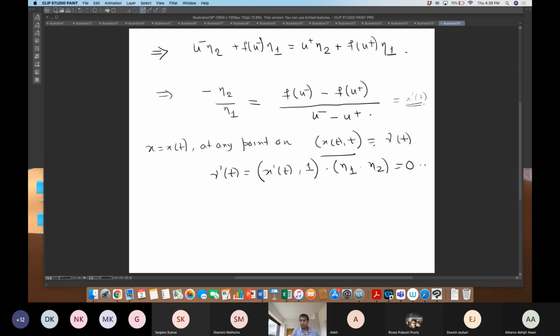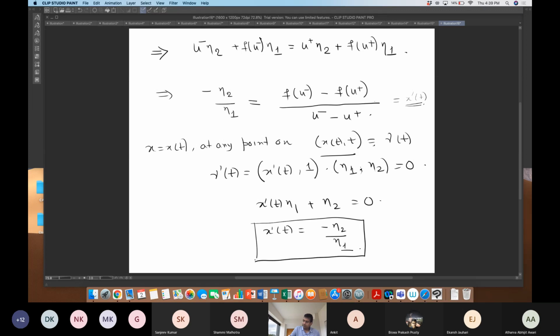Agreed? (eta 1, eta 2) dot the tangent equals 0. This is a component of the normal, and the normal is two-dimensional, (eta 1, eta 2). So x prime t eta 1 plus 1 dot eta 2 equal to 0. So x prime t is equal to minus eta 2 by eta 1. Agreed? Yes or no? Yes.